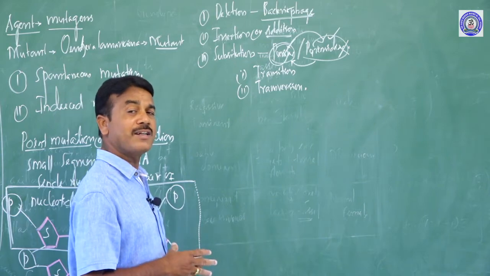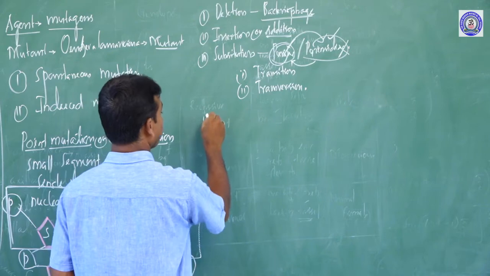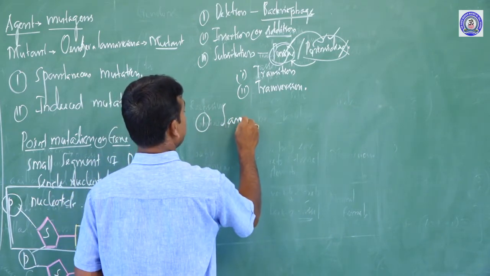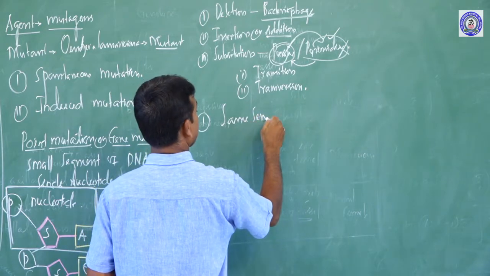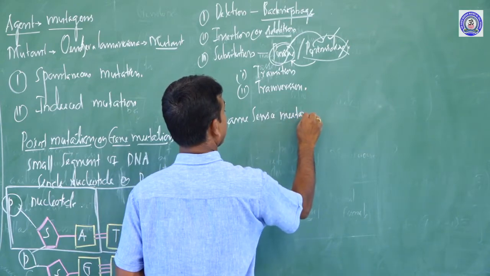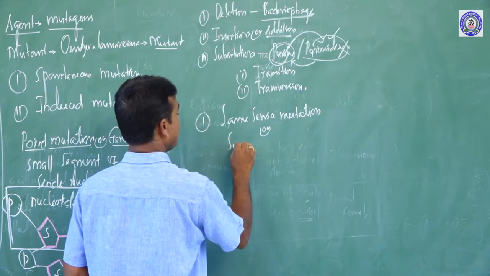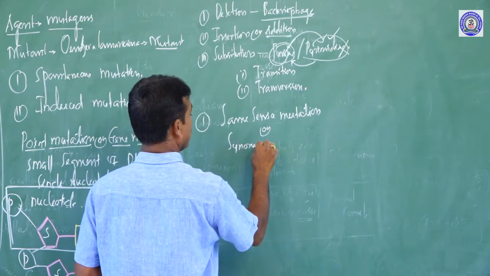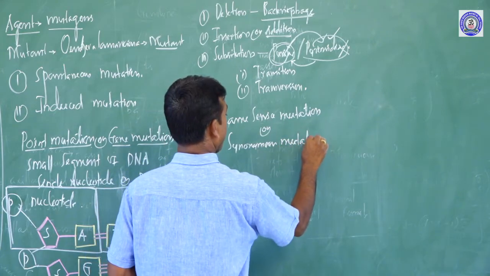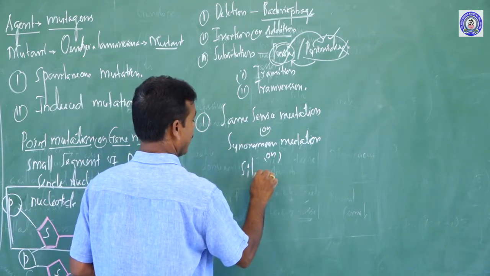Apart from point mutation, based on functional activities, mutation can be classified into some other types. First one, same sense mutation, or synonymous mutation, or silent mutation.